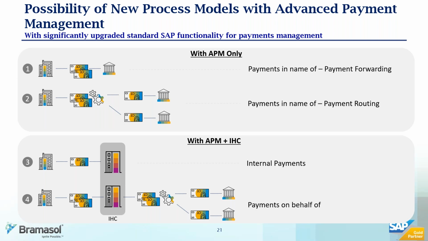But when you come down to scenario 3 and 4, now you are using the same advanced payment management capabilities which I just described around validation, enrichment, routing, clearing, exception management, and so on, along with your in-house banking functions. Now this adds another whole new dimension of capability on top, which means now you can centralize your cash management activities.